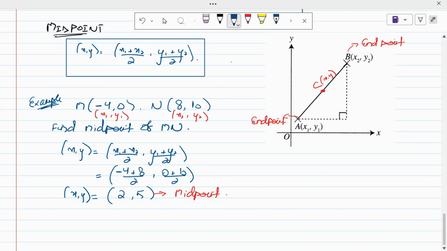Let's pick up an example based on this scenario too.